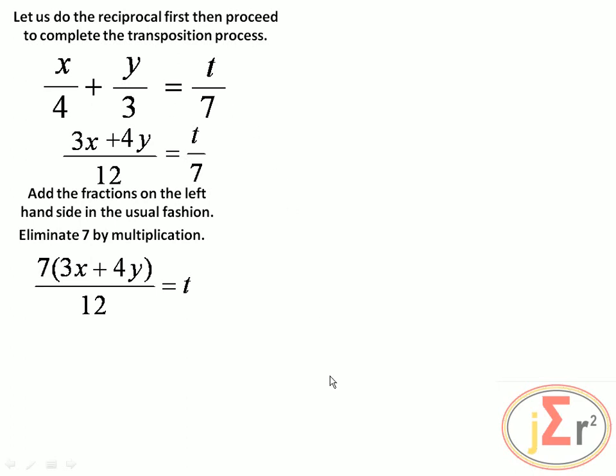I am saying that in order for us to reciprocate and do that correctly, we need to have only 2 fractions, 1 on either side. So that is our result, with the exception that we need to place the subject on the left hand side.